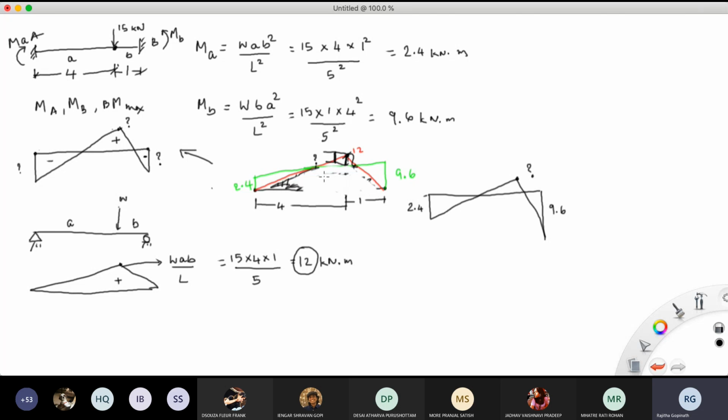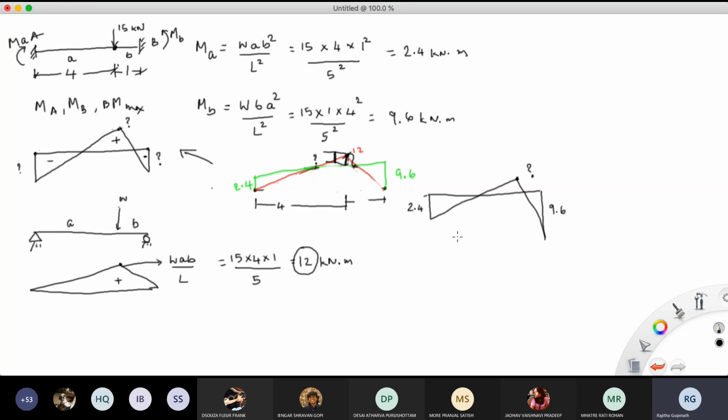Clear? Yes, yes. So how do you think you will be able to find out the value here? By plotting it on a graph. Plotting on the graph. Do you really need to plot it on the graph? It would be super easy if we did. But let's say your beam is 12 meters, what do you do?